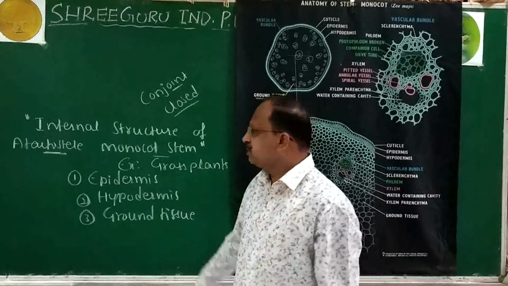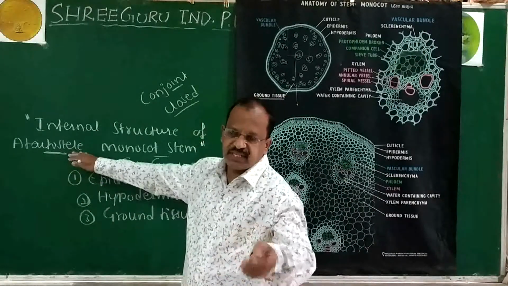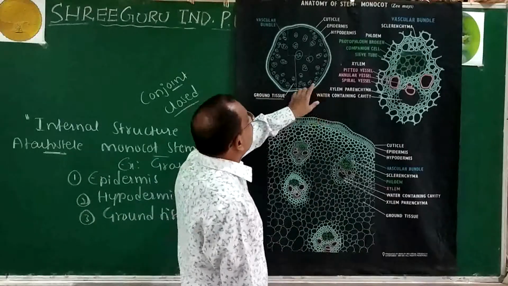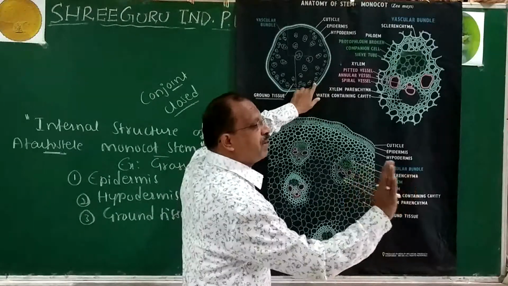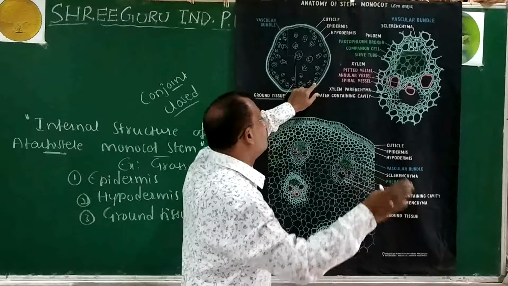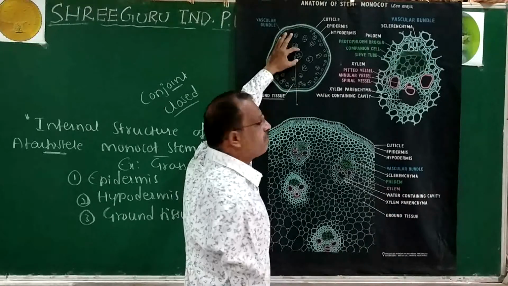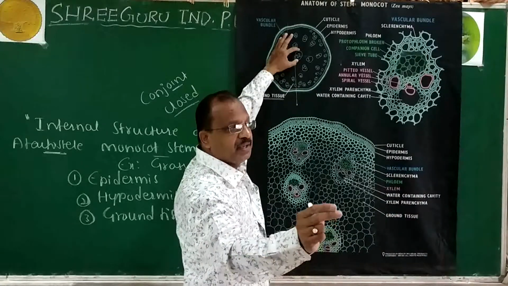This is called atactostele. Generally, smaller vascular bundles are present towards the periphery, and larger vascular bundles are present at the center.